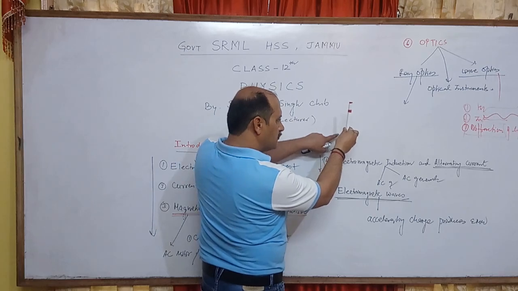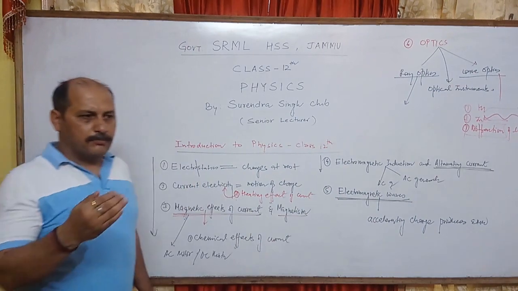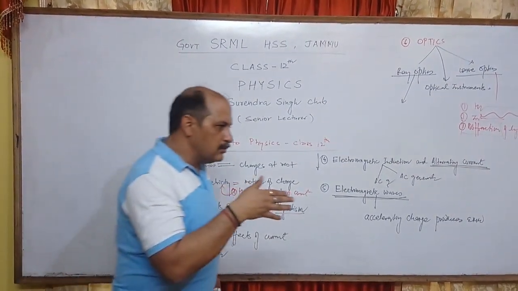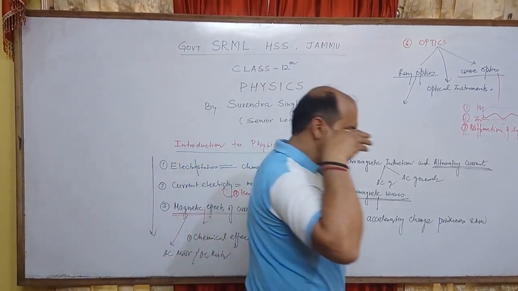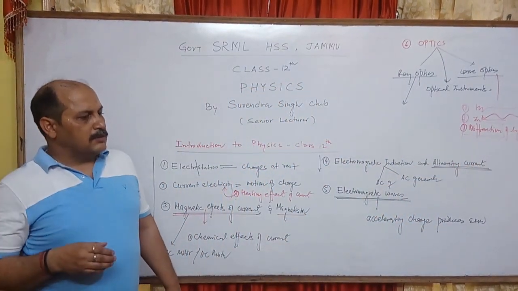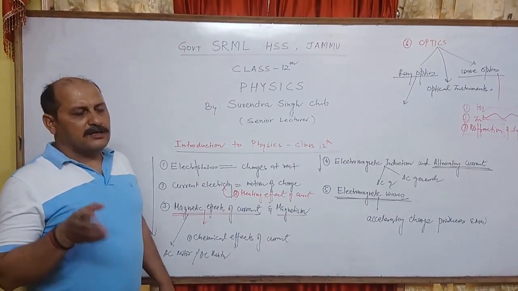Its edges are not dark. It shows umbra and penumbra. It means the light diffracts. It bends when its path is obstructed. It can be obstructed by a hole or an aperture. That is called diffraction of light.